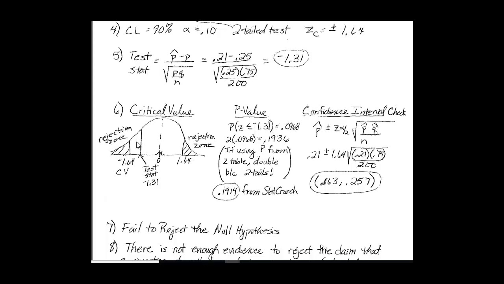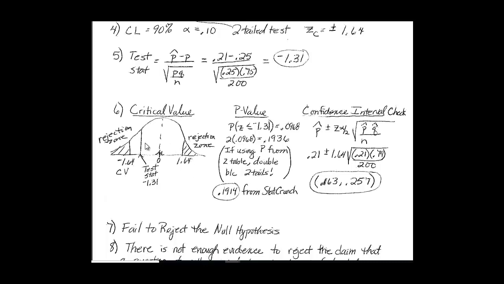This is a 2-tail test, so we have to remember there would have been another tail over here that would have held another 0.0968. So we have to double that amount. Okay, so this is using the P from the Z table. So we have to double because we have 2 tails. If I did it in StatCrunch, I came up with 0.1914. But either way, that p-value falls inside here.